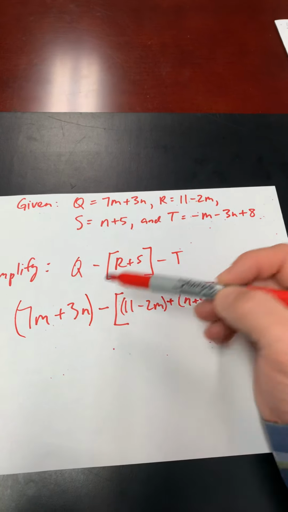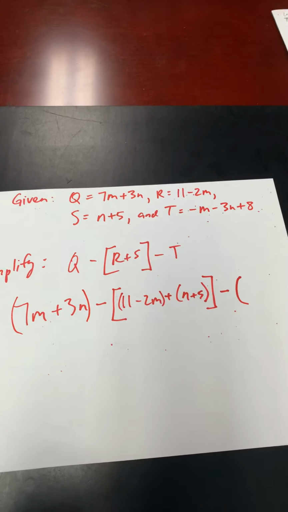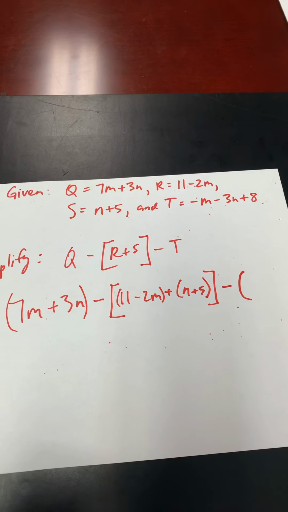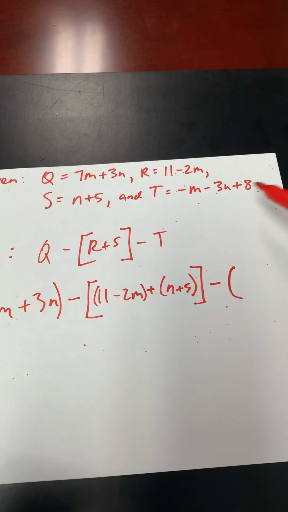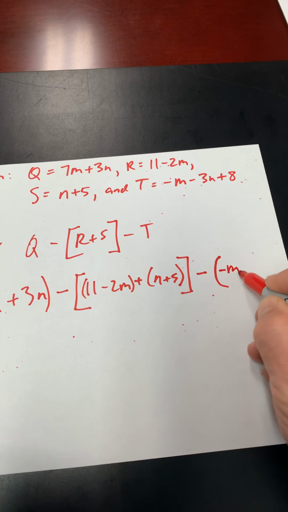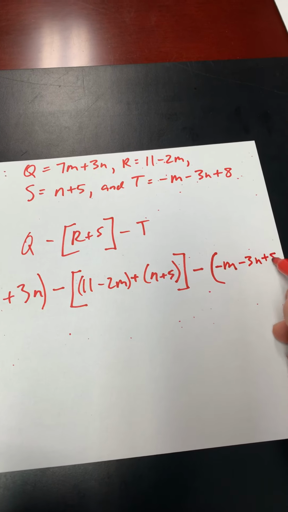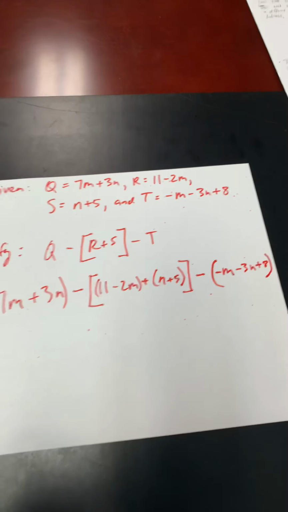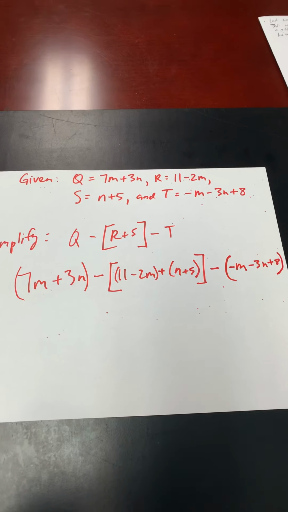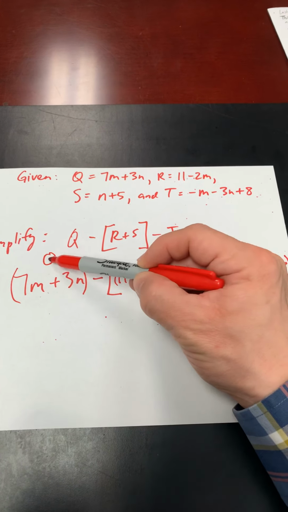Okay, so we're going to use grouping symbols around each expression. All right, and then our last one was T, which is negative m minus 3n plus 8.